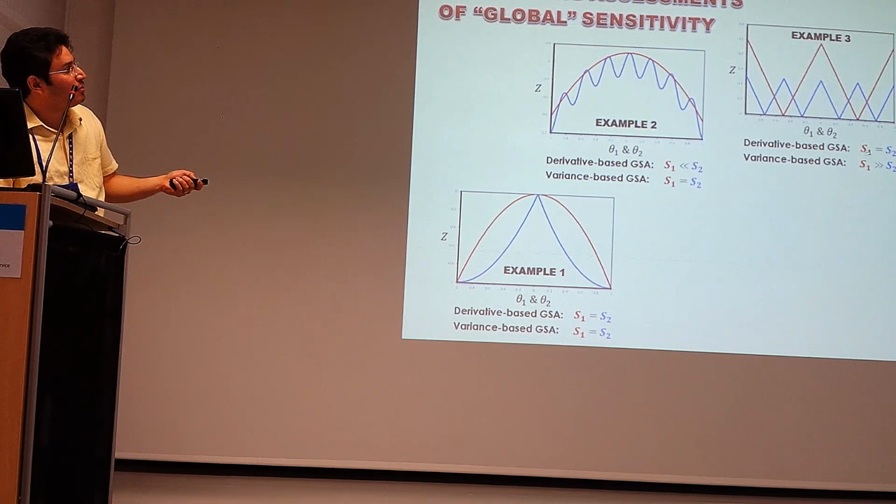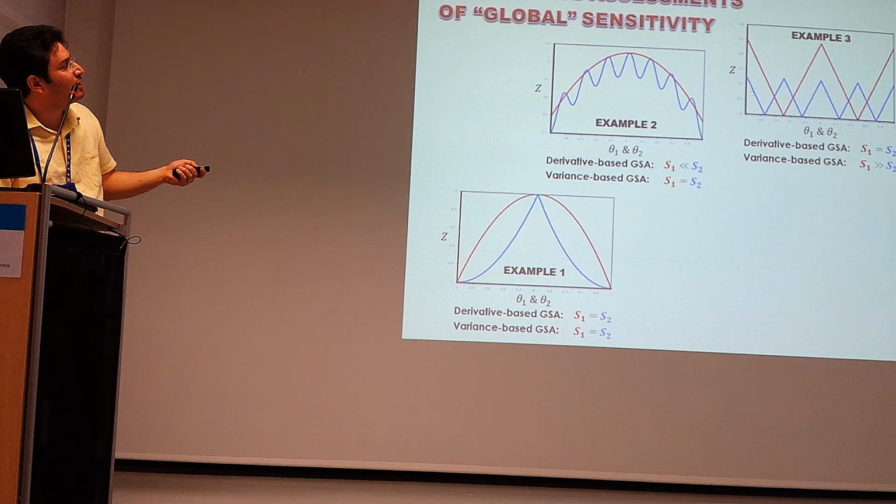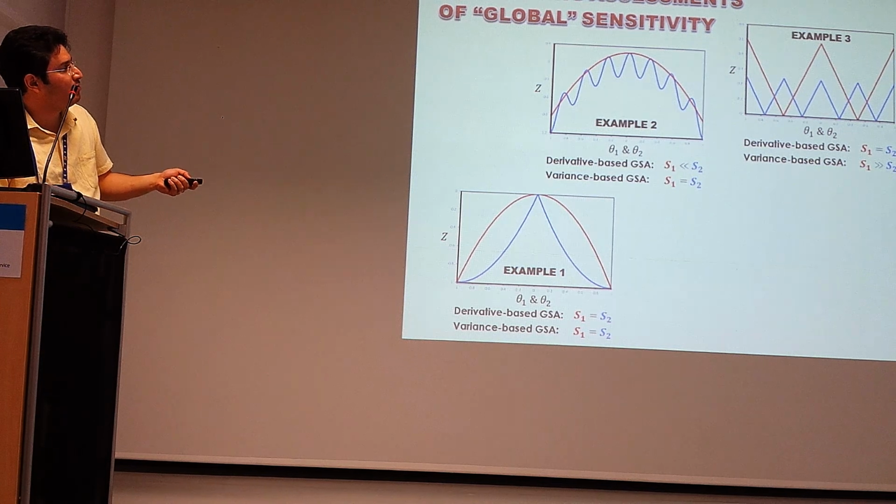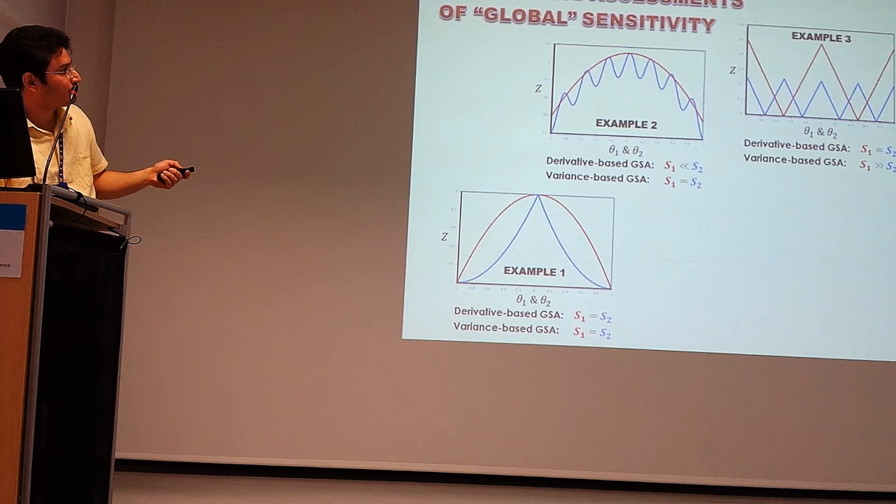The derivative-based approach tells me the two are equally sensitive, and that's obvious because the absolute slope of the two is the same. We have the same slope everywhere. But with the variance-based approach, S1, or red, is significantly more sensitive, because it's covering a larger range of Z.